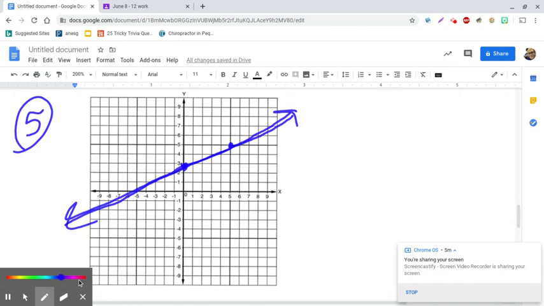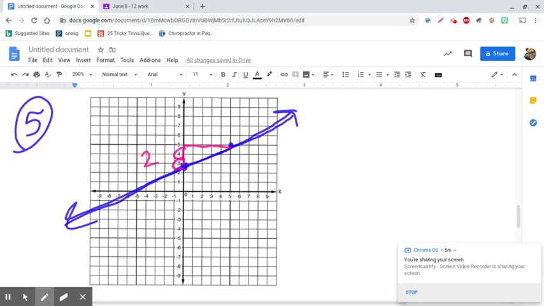If we're reading this like a book, the first point we come to is this one. We have to go up, and then we have to go over. Since we're going up, we know it's going to be positive. How many points do we go up? 1, 2. So we go up 2, which is positive.